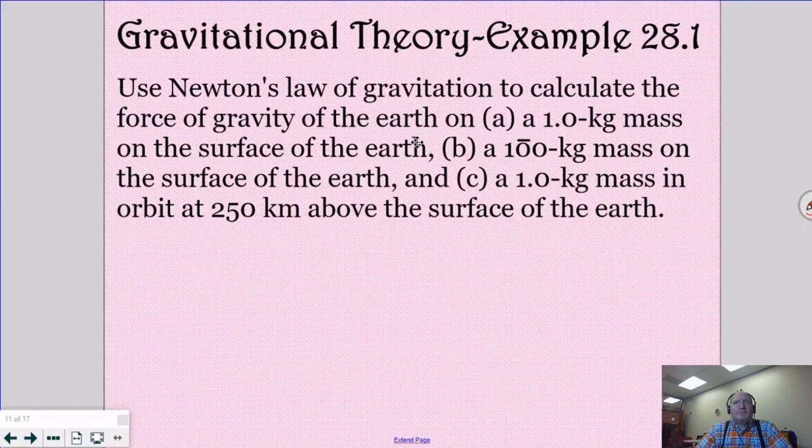So we're going to use Newton's Law of Gravitation to calculate the force of gravity of the Earth on 3 different things. So we're going to use our formula that we just wrote down. I really like part C. F equals G M1 M2 over R squared.